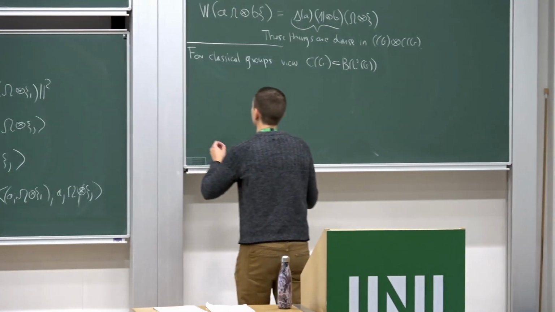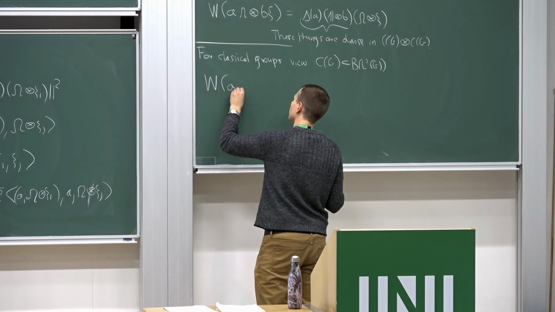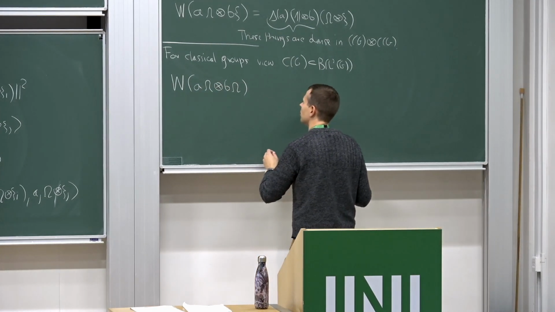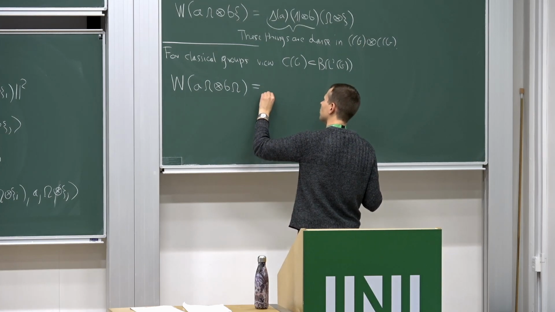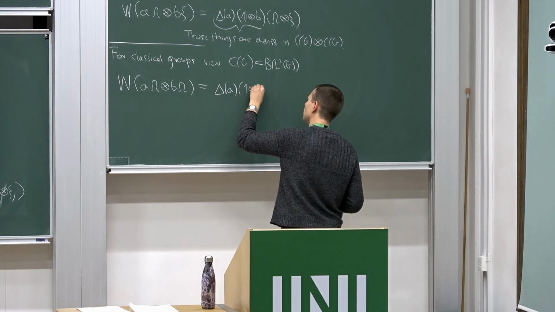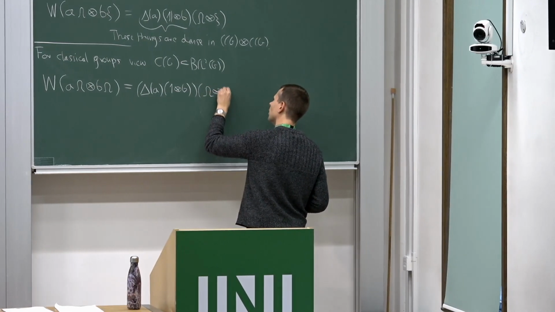So then we have W on A omega tensor B omega is delta of A times 1 tensor B acting on omega tensor omega.